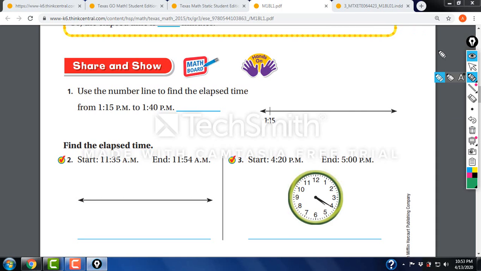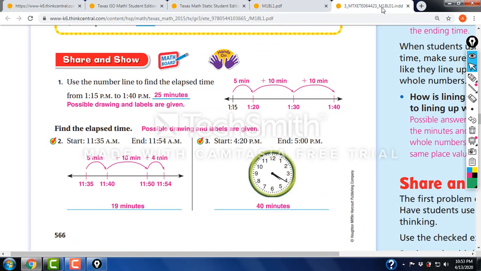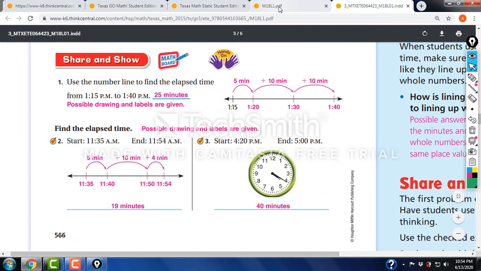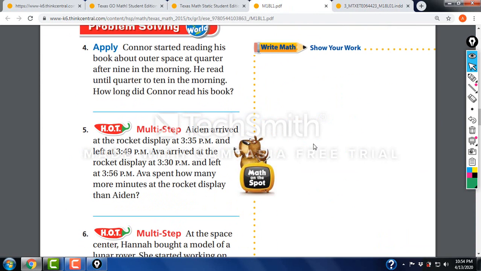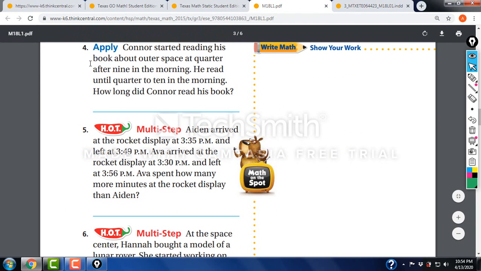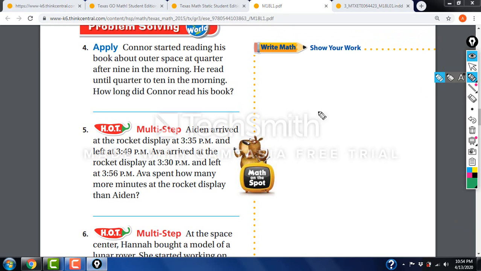So let's look at the question. So Connor started reading his book about outer space at 9:15 in the morning. So 9:15 would be 9:15. He read until 9:45. A quarter till 10 is 9:45.